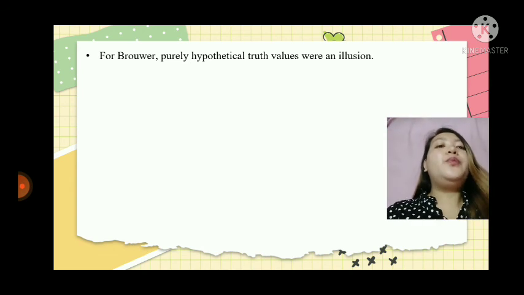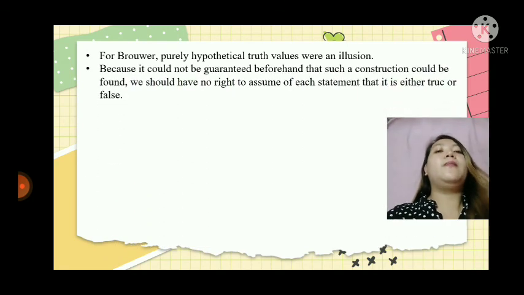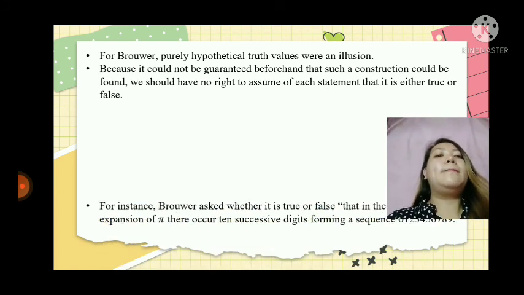For Brouwer, purely hypothetical truth values were an illusion because it could not be guaranteed beforehand that such a construction could be found. We should have no right to assume of each statement that it is either true or false.